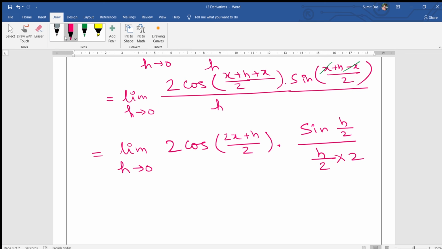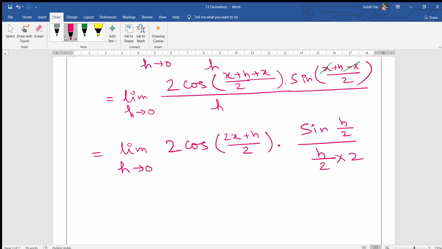Let me explain this one. I hope you understood the numerator part. Sin x cancels, so h by 2 will remain. So look, sin h by 2 here. Now the denominator already has h, right? So I'm writing h divided by 2. Why? I'm keeping this value the same, because we have one formula: limit x tends to 0, sin x by x equal to, sorry, equal to 1.